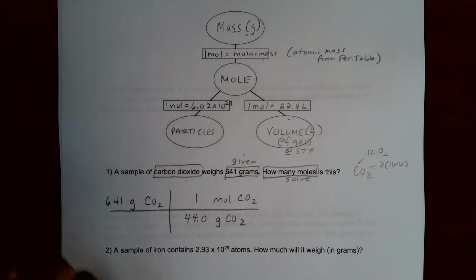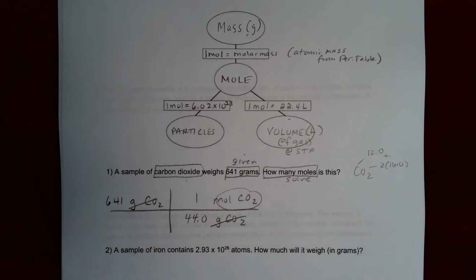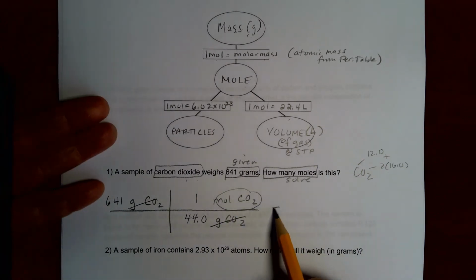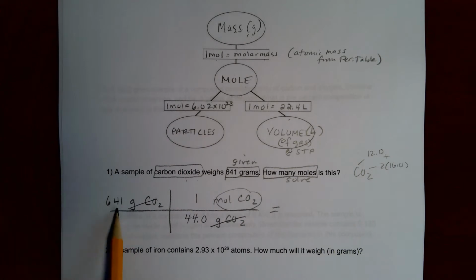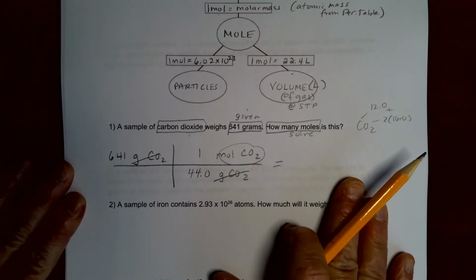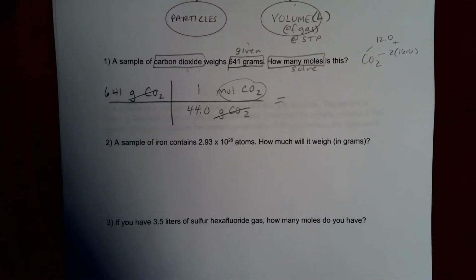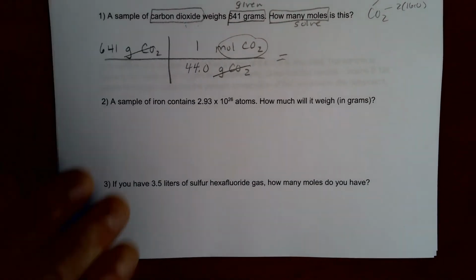All right, so this sets up the problem. Remember, grams over grams is going to cancel. Moles of CO2 is going to be what we have left over. Then it just comes down for you to do the math of 641 divided by 44. I'm not going to do the math here. I'm just going to leave it set up for you to check your work, and I'll have the answer key posted in class.